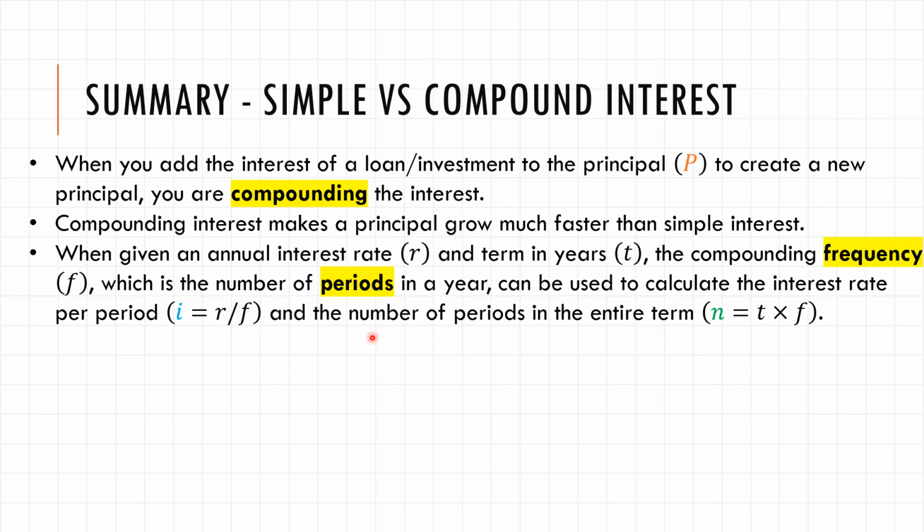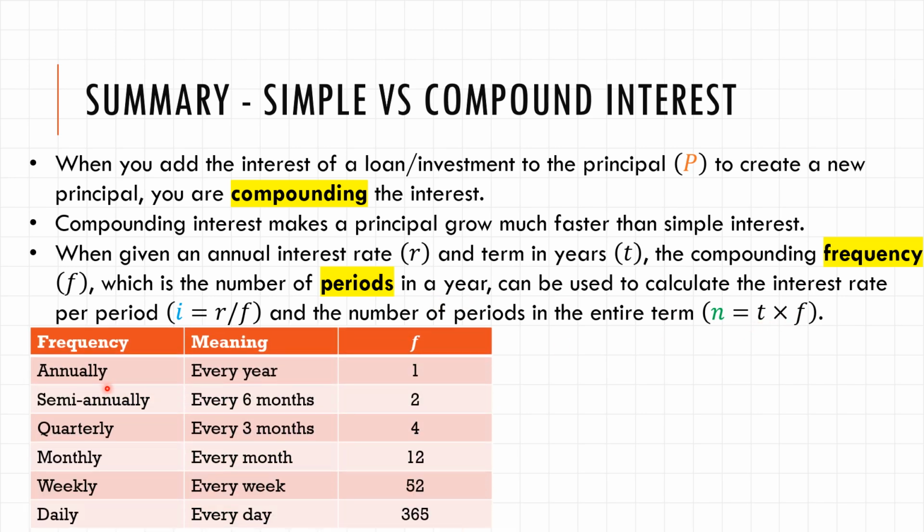And you can also use that to calculate the number of periods in the entire term, where you take the number of years and multiply it by the number of periods per year. Here are some very often used frequencies, and this is what they mean, and this is how many periods there are in a year. Obviously, daily means every day, and there are 365 periods, which are 1 day long, in 1 year.